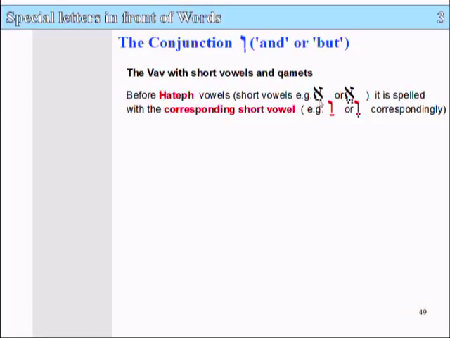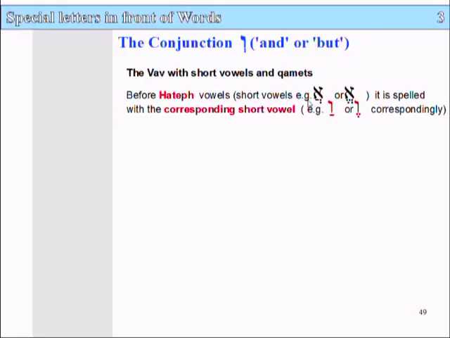They're just a slightly shorter version of the sound, so the patach hatuf is just a slightly shorter patach. It's a much shorter sound instead of a long one. So before the hatuf vowels, it is spelled with the correspondingly short vowel.